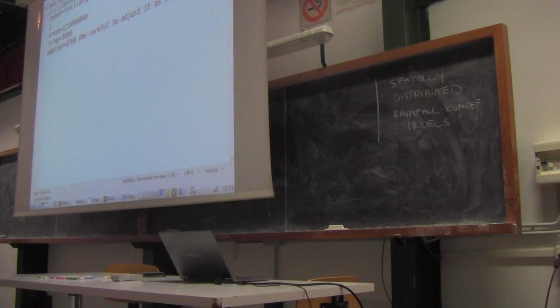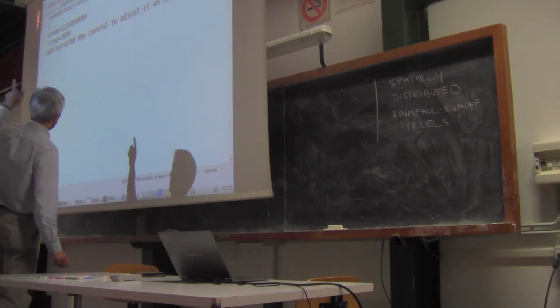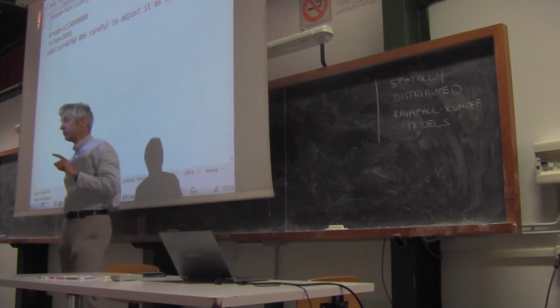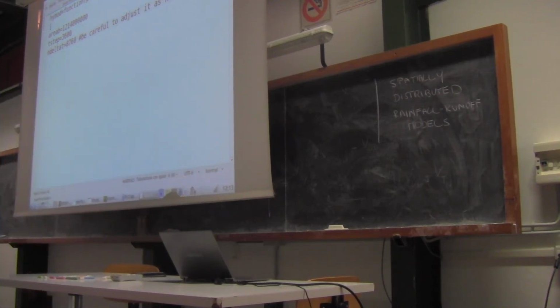And then the value for the time step is 1 hour, and we put here the value in seconds, 3600, and the number of time steps the simulation should cover, which is 8760. And be careful, this data needs to be adjusted if you run the model on another catchment or if you change the time step.